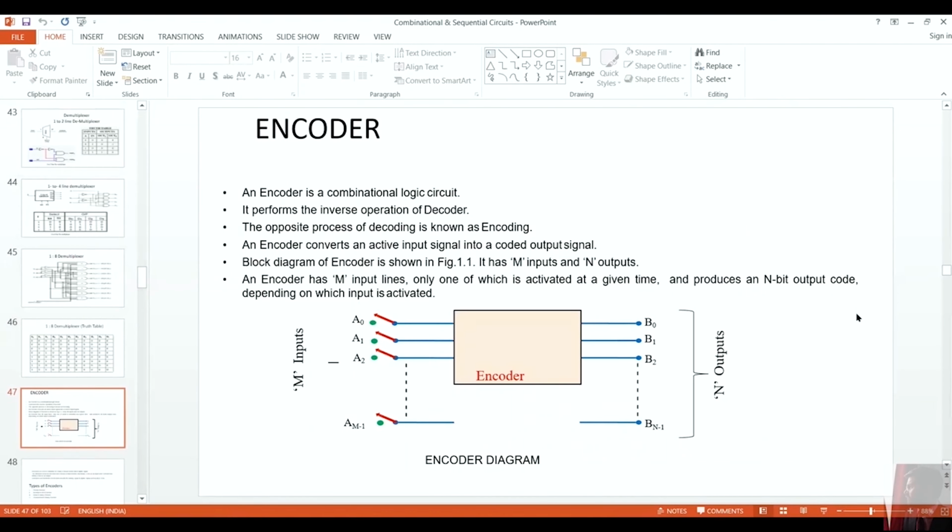Now we are going towards another combinational circuit, that is nothing but the encoder. I hope everybody is clear about the adders, subtractors, multiplexers, and demultiplexers. So we are talking about the encoder. When I talk about the encoder, it's a type of combinational logic circuit, definitely, but it is the opposite of the decoder.